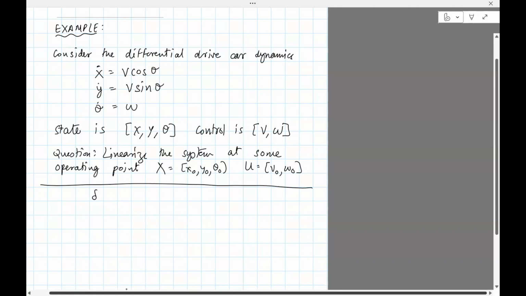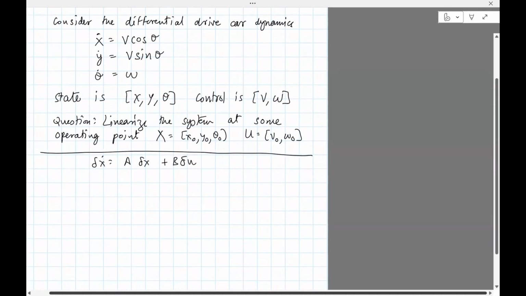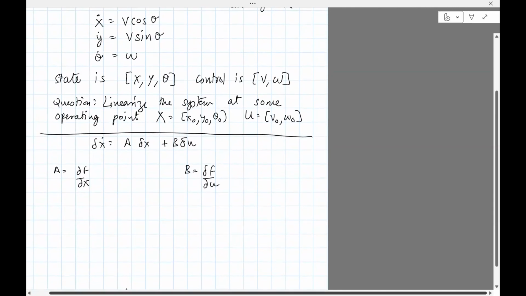Okay, so we know that delta x dot is A delta x plus B delta u. A is df dx, and B is df du. So we need to identify what f is.